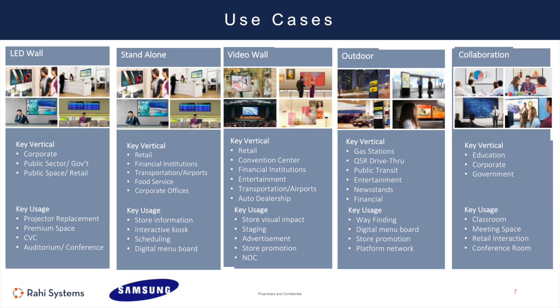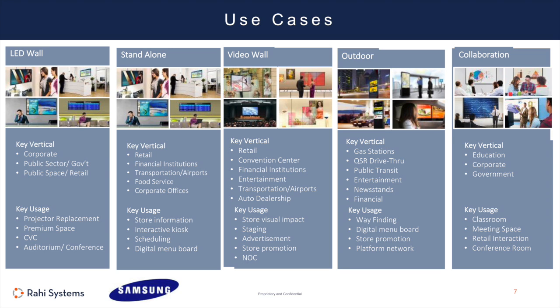We find those in retail, convention centers, financial institutions again, entertainment and transportation and airports, and auto dealerships have actually become very common recently. And again, they're used for store visual impact, staging, advertisement, store promotion, and even for network operating centers. We find that this technology is very well suited to budgets for institutions.